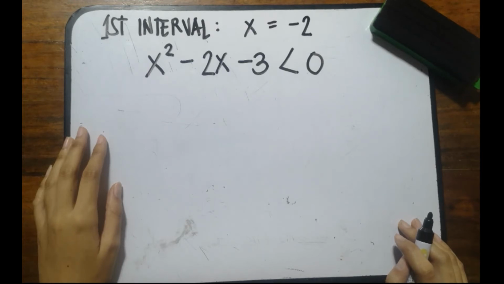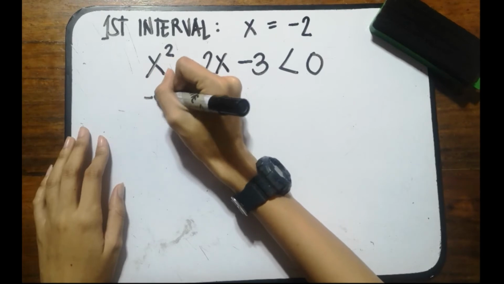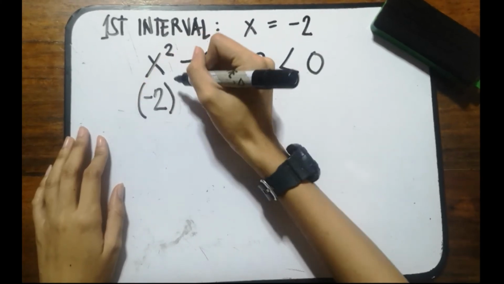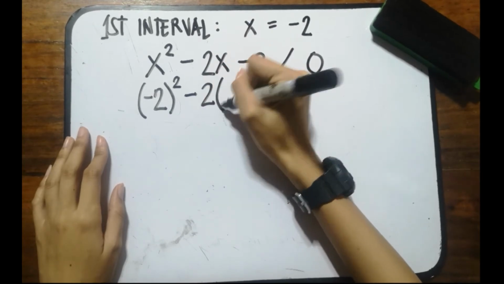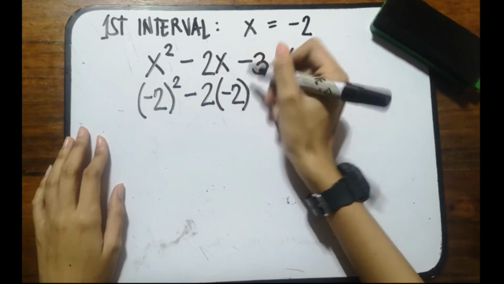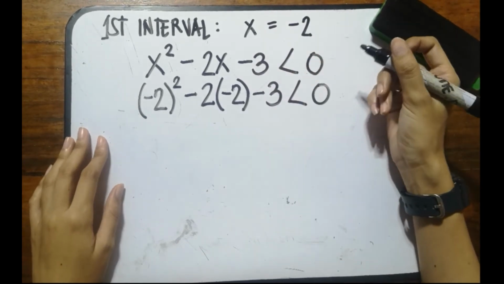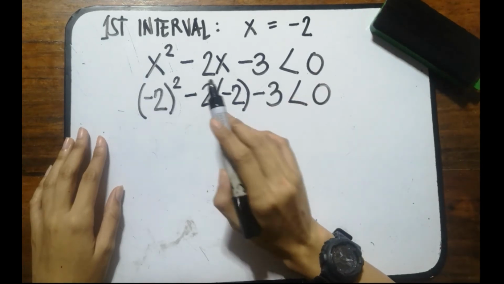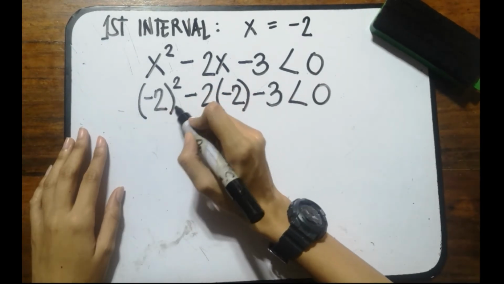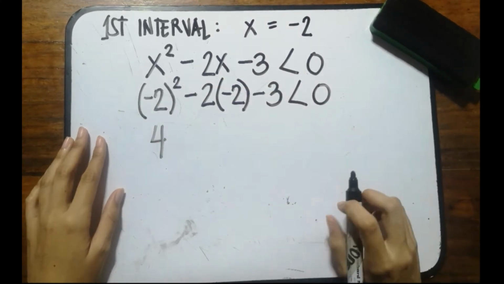So let us substitute -2 for the variable x in this inequality. So we now have (-2) squared minus 2 times -2 minus 3 less than 0. Perform the indicated operation. -2 squared means -2 times -2, that gives us +4.